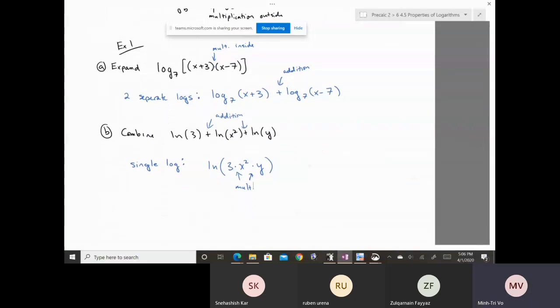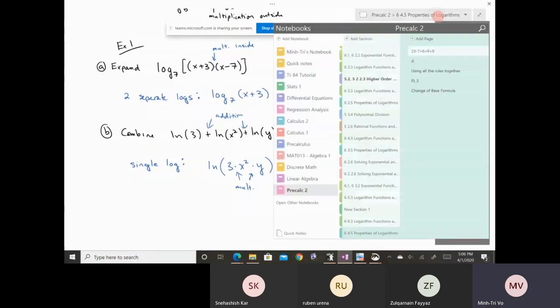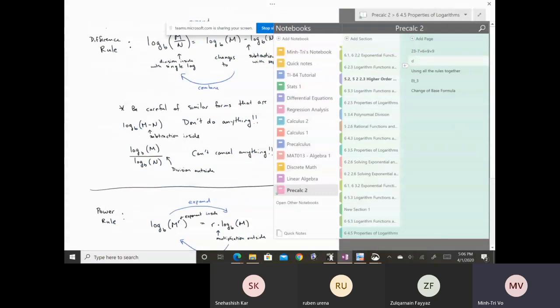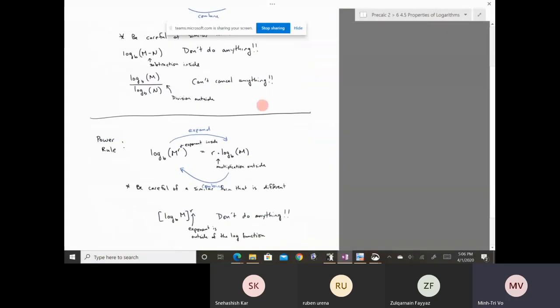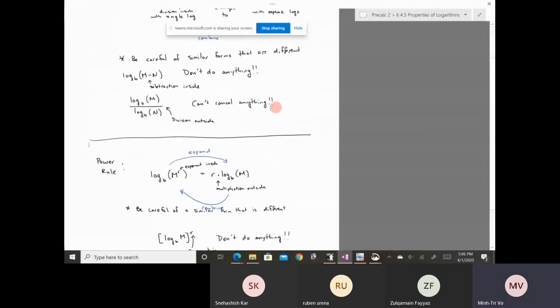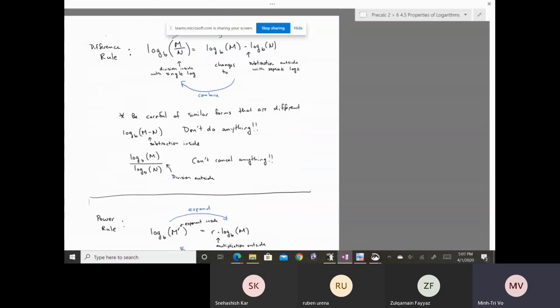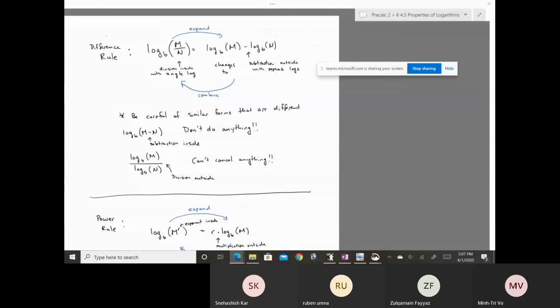And so there's two more rules, the difference rule and the power rule. And so they follow the same idea, right? So the difference rule is the same thing, except it's between division and subtraction, right?